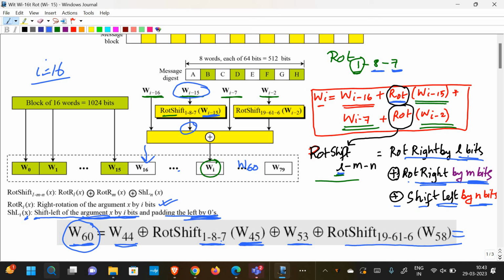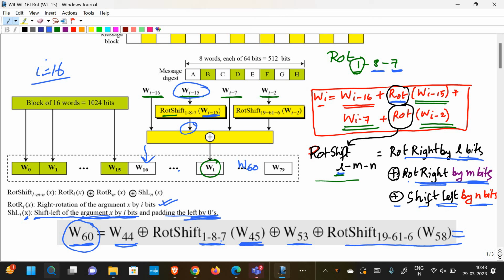Based on the formula, W16 will be equal to W0 XOR rot shift of W of 16 minus 15, that means 1, so W1, XOR W of 16 minus 7, that is 9, W9, XOR rot shift of W of 14.